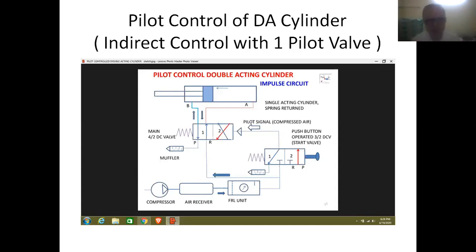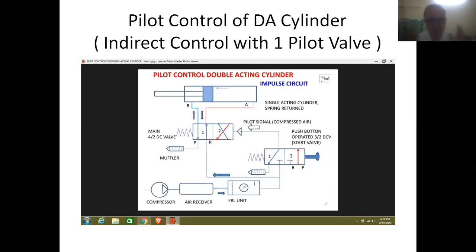Any fluid used for operating the piston of the cylinder is called primary fluid, and the fluid used for operating the element of the DC valve is referred to as secondary fluid.